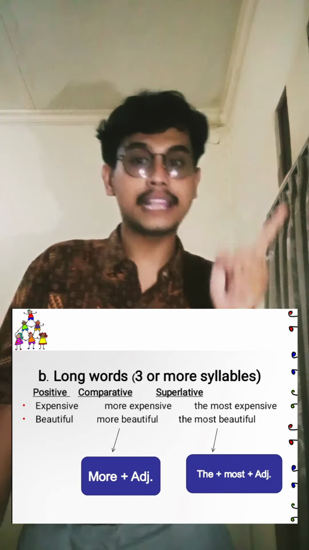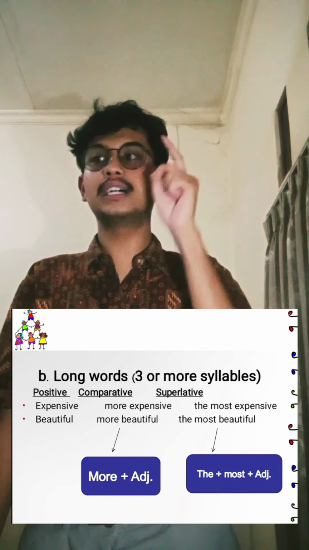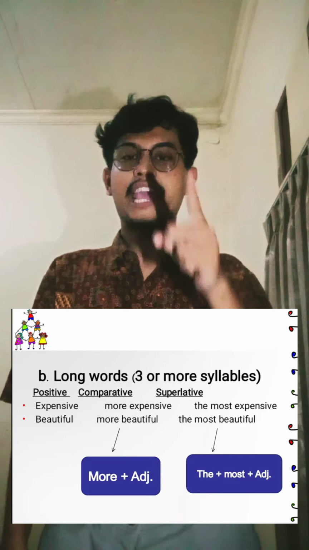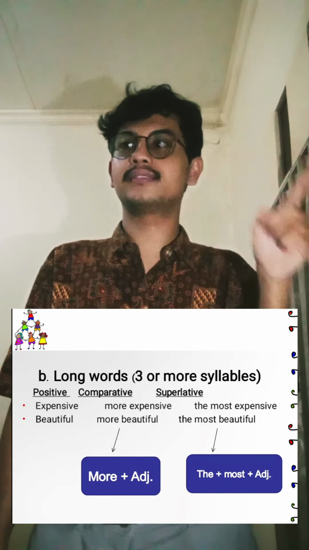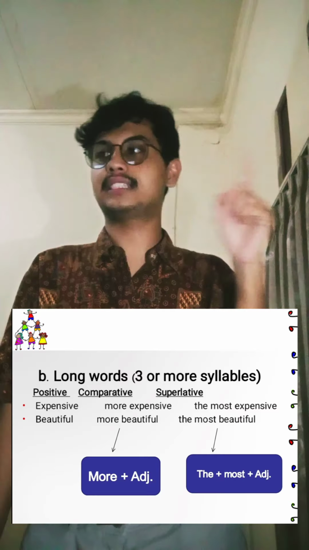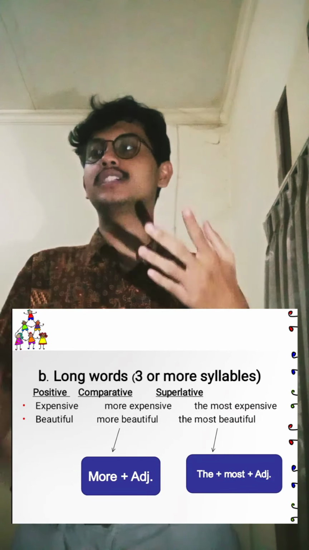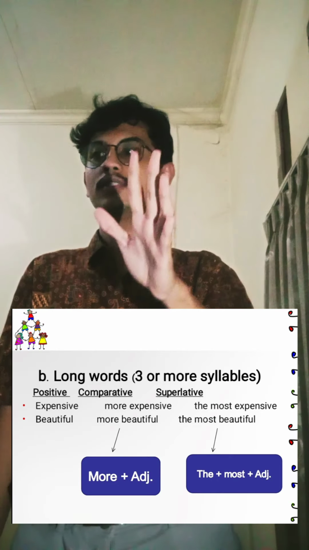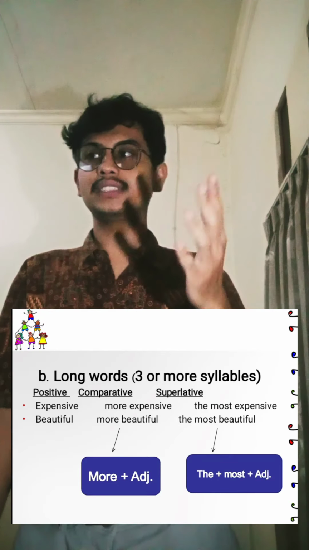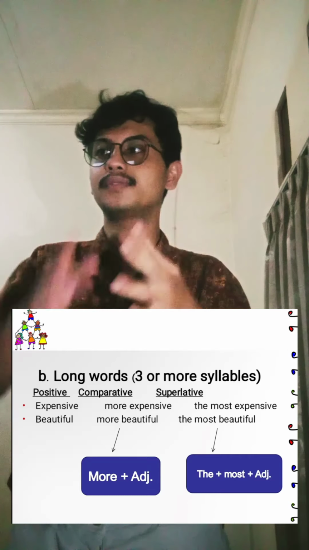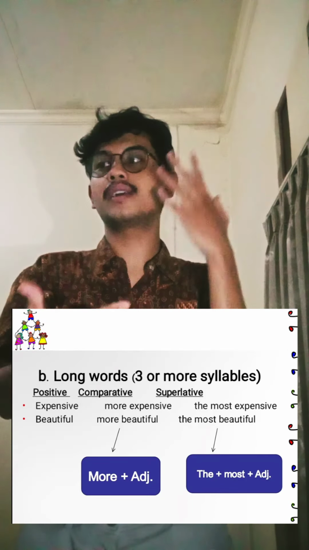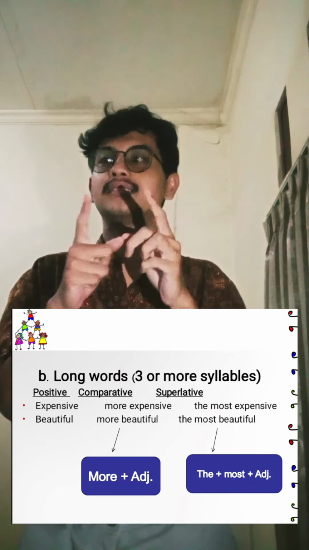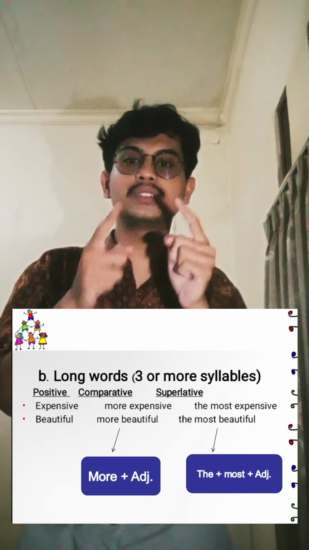And when you use the superlative, use the most plus the adjective, the most adjective. So we go to beautiful. Like the example expensive, use more beautiful. And for the superlative you can use the most beautiful.